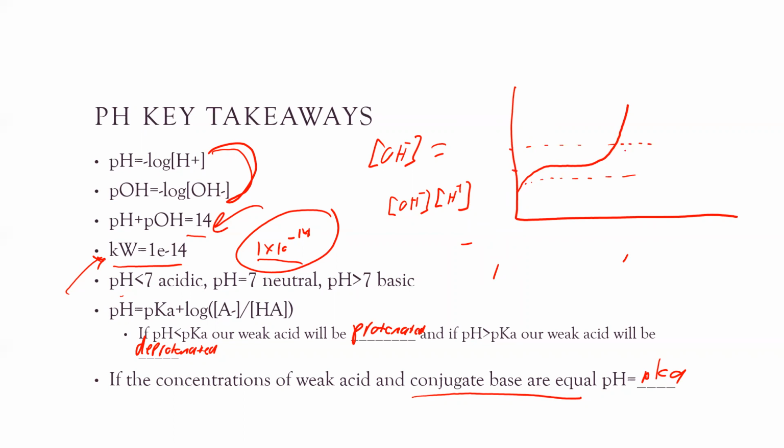Plus or minus 1, basically plus or minus 1 from its pKa. Does that make sense? So if it had a pKa of 7, you'd be exactly right.